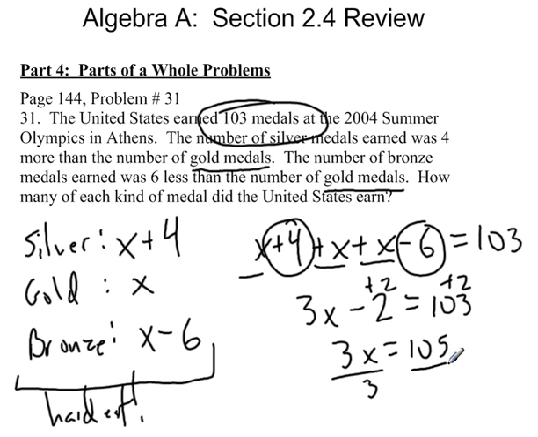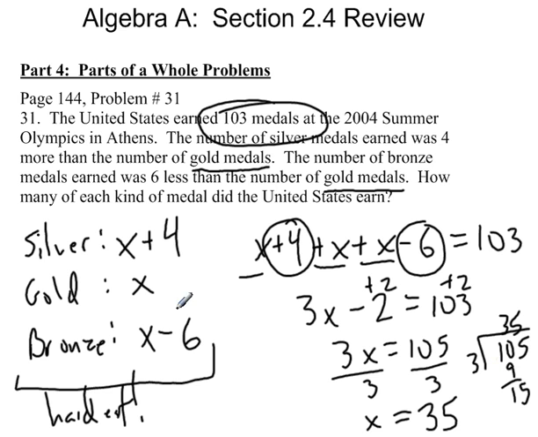When I divide both sides by 3, I'll get x equals, and that is 30. Figure that out. 30 and 5. I believe that's 35. Let's check that by hand. 105 divided by 3. 3 goes into 10 3 times. Remainder of 1. Drop your 5 down. And yeah, 35 is verified.